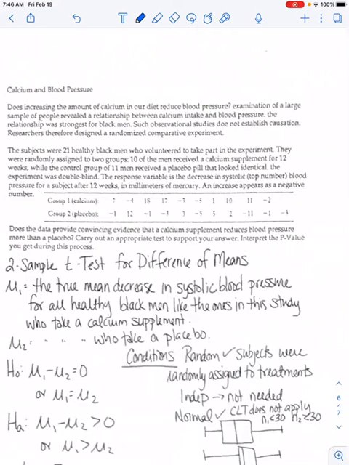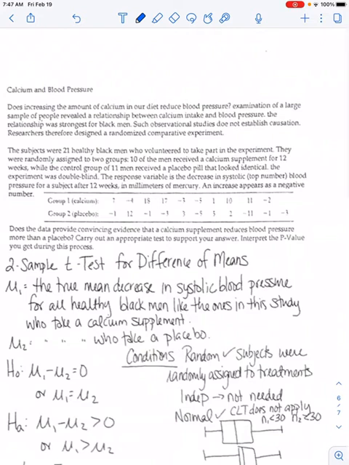Okay, here we go. We are doing a 2-sample t-test for the difference of means. 2-sample. Now, don't get thrown off. You had a group of 21 subjects who volunteered, so it looks like there's 1 sample. But it was split into 2 separate groups. 10 of them got a calcium supplement and 11 of them got a placebo.